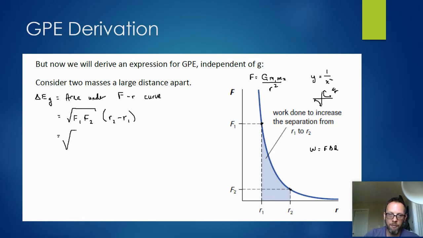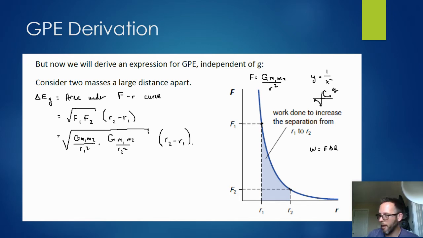So we have the root of, well, what's F1? It's G M1 M2 over R1 squared. F2 is G M1 M2 over R2 squared. And then outside that root, we have R2 minus R1. And at this point, a lot of cool things happen.